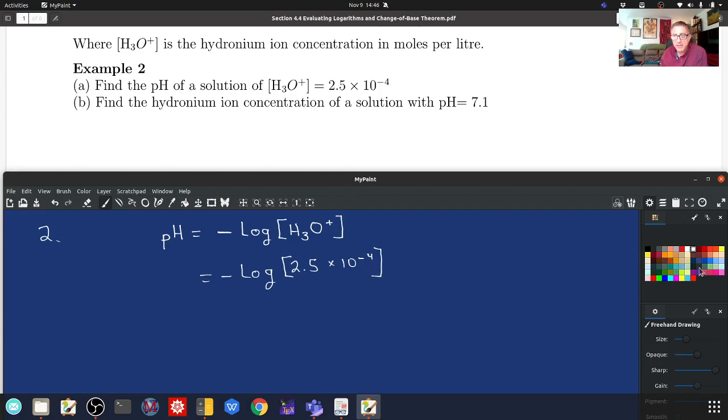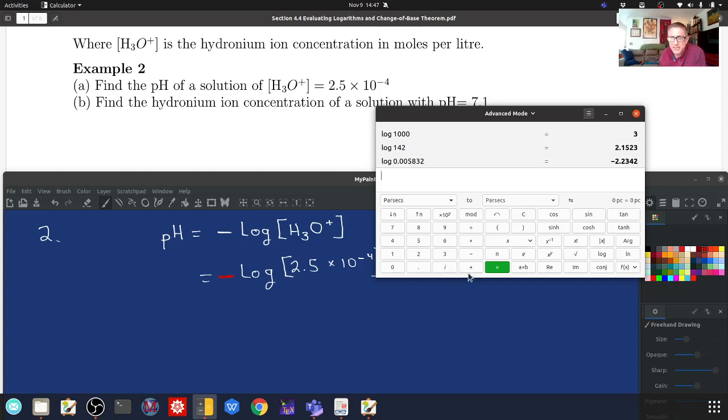Now think about this. I'm going to put the negative here. I changed its color. Now 2.5 times 10 to the minus fourth, that's a number greater than 0 but less than 1. So the log itself will be negative, and then I'm taking the negative of that, so I'm going to get a positive number.